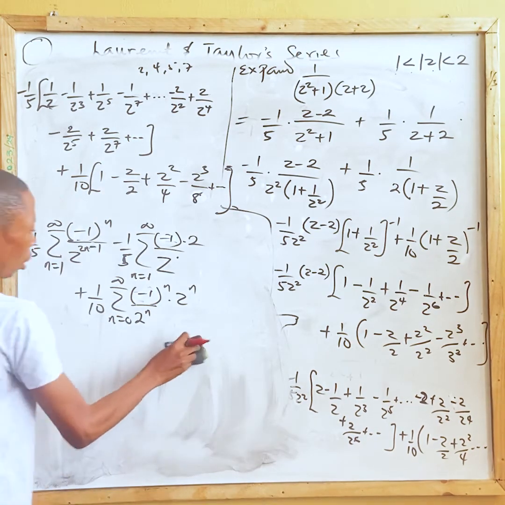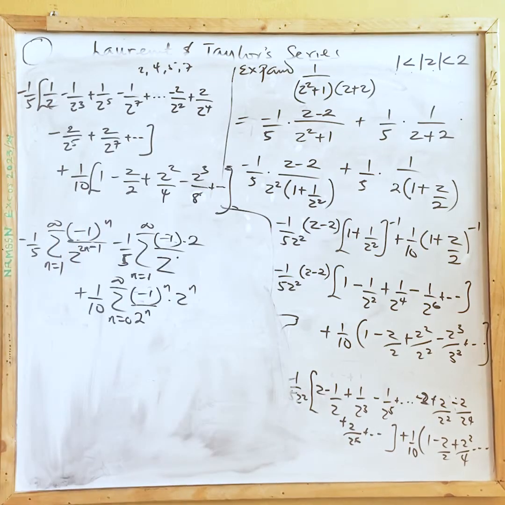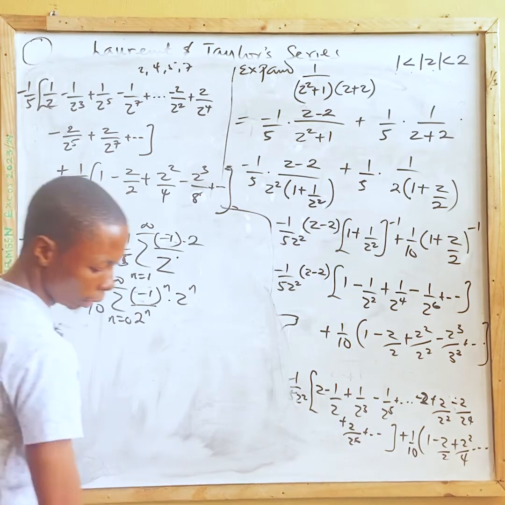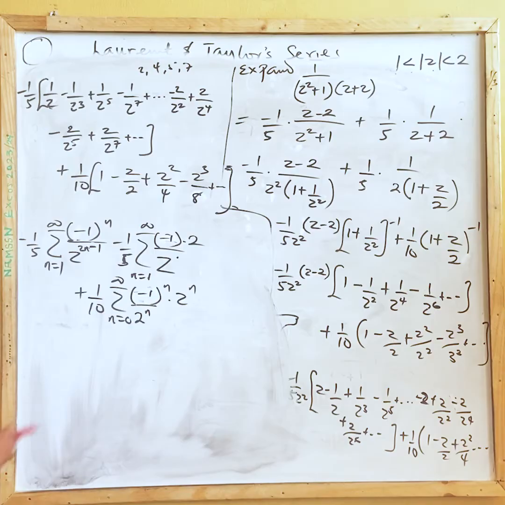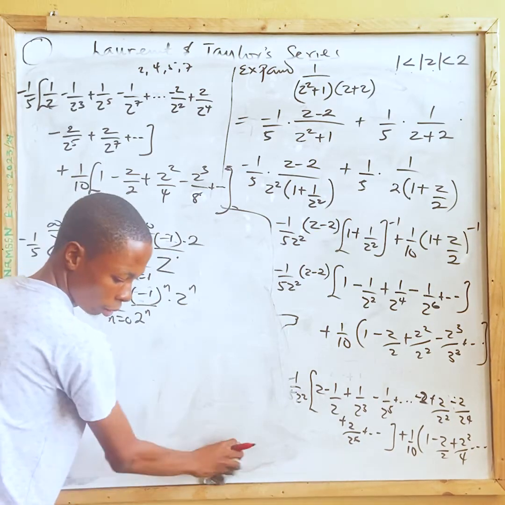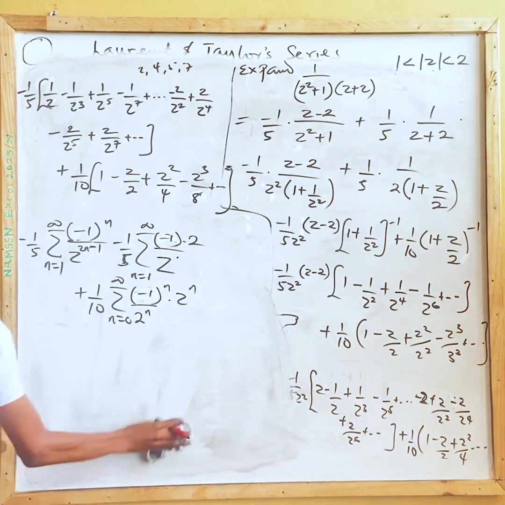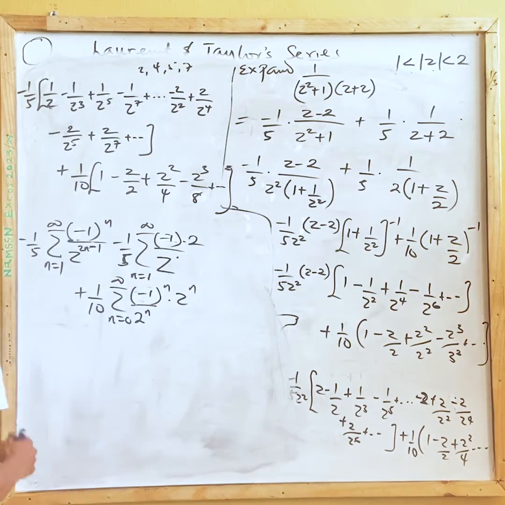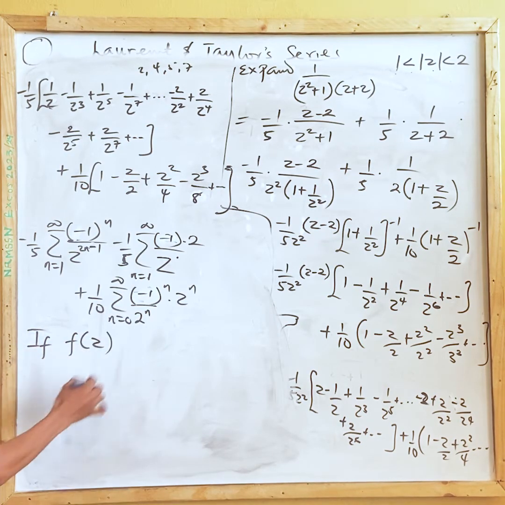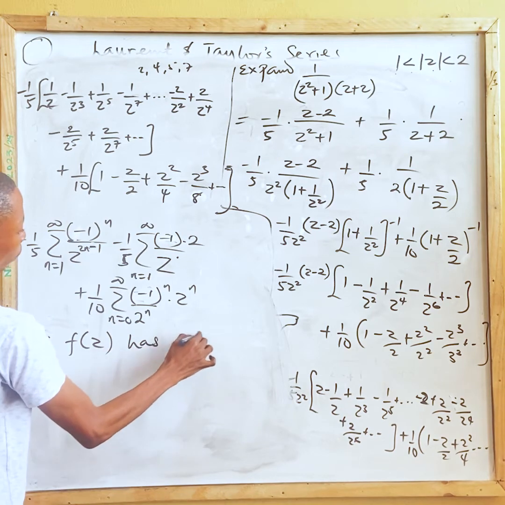So the last part of this expansion is if f of z has a pole at, let's say, z equals a. This is just like a special case of this expansion.